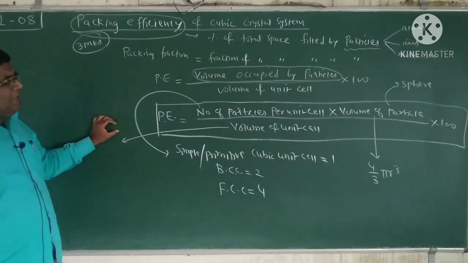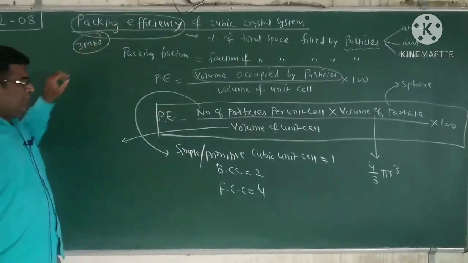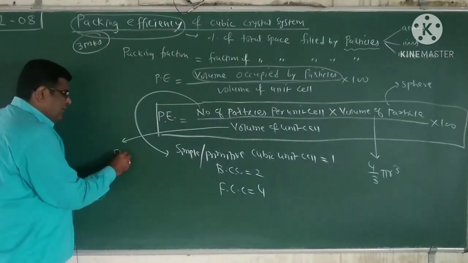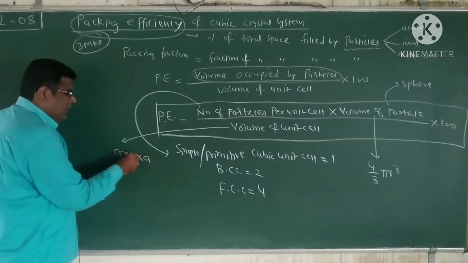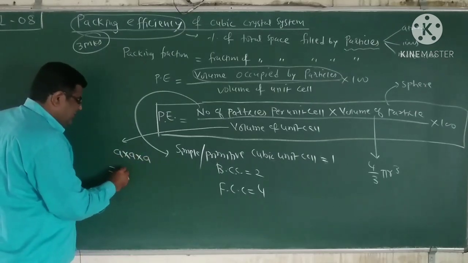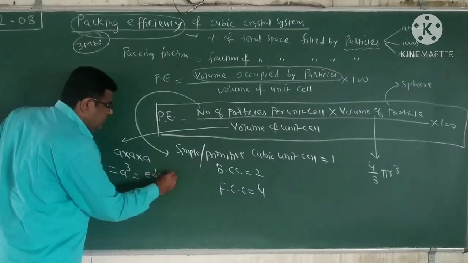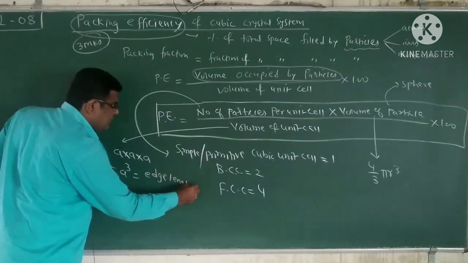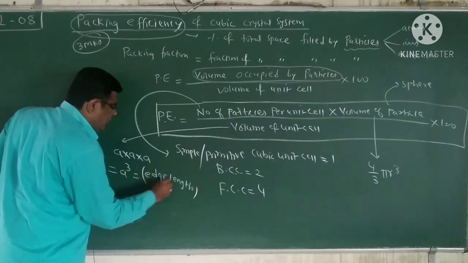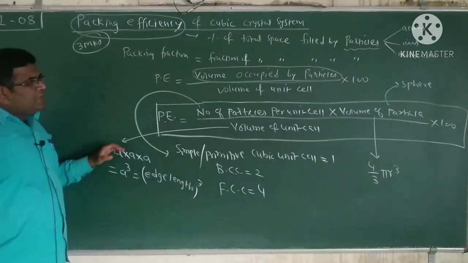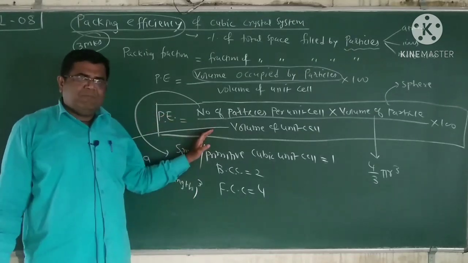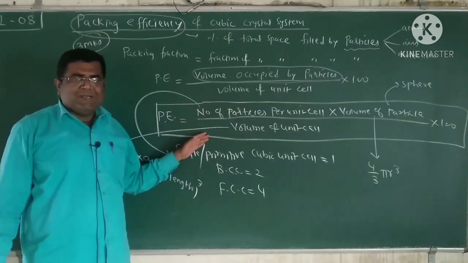We are considering a cubic system, so the unit cell volume is A into A into A, where A is the edge length. So it is A cube, the cube of the edge length. So these are the 3 components of packing efficiency, of course multiplied by 100.